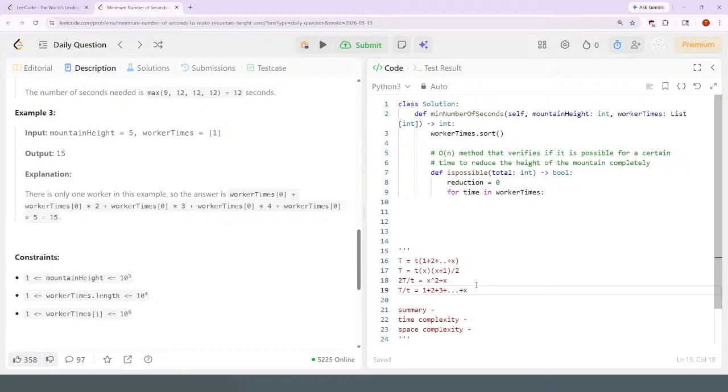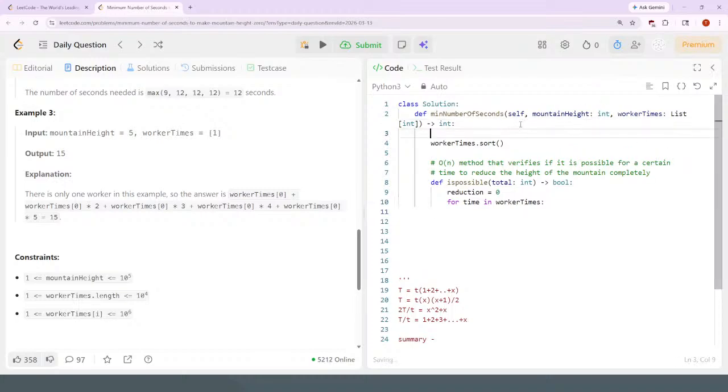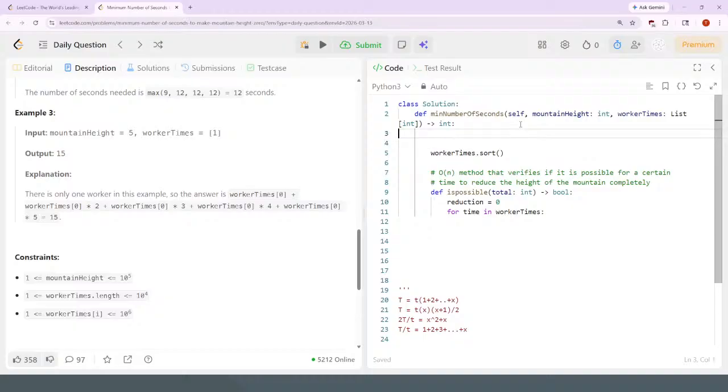So I use something like bisect left. I think this would work. It's just not very clean or elegant.